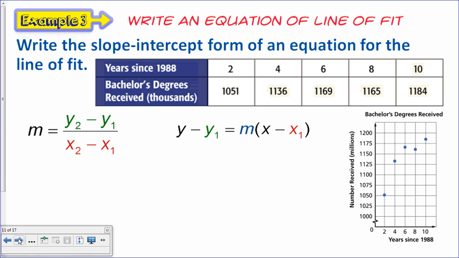Okay, the top row is going to be X, that's my independent. Dependent is going to be the bottom one, right? So instead of my ordered pairs being left and right, they're going to be up and down, right? So my first ordered pair is going to be X1, Y1, and so on and so forth. Does everybody see that? Okay.